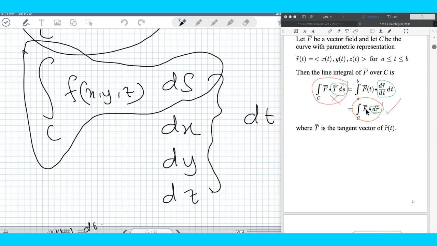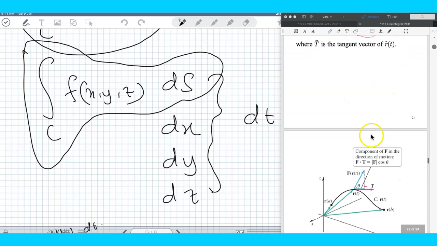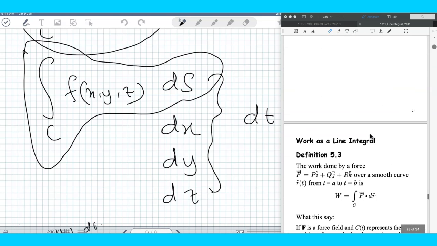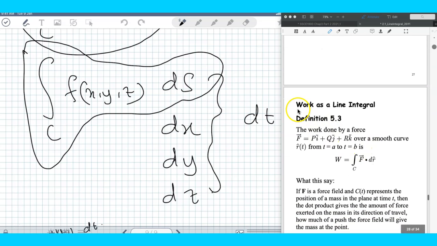But if you are given any other vector field, you cannot just say that it is work done. Okay, only if capital F here is the force field.